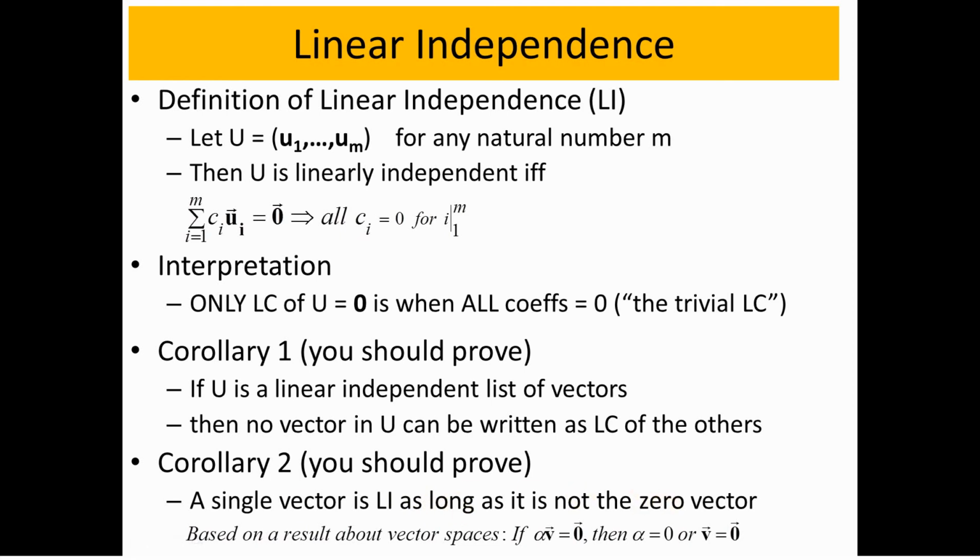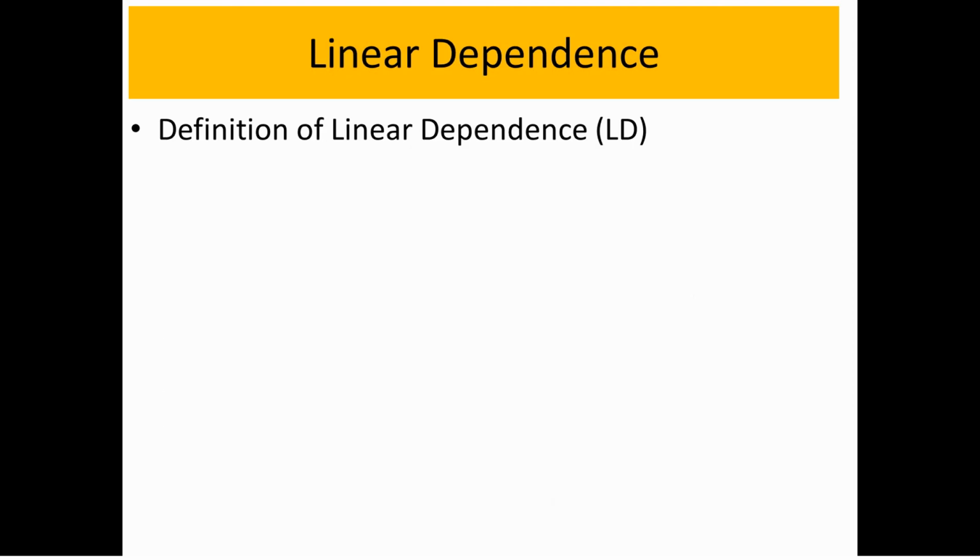Now if you're not linearly independent, you're linearly dependent. And this is just an important concept. And so we're going to define linearly dependent. We're going to sometimes use the abbreviation LD, just like we used LI for linearly independent.